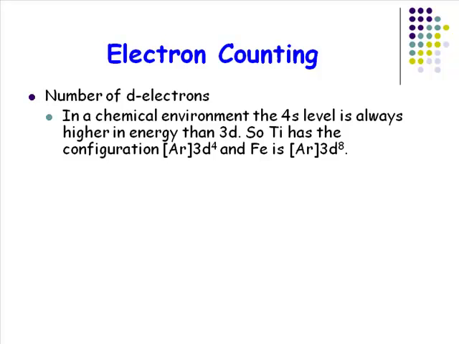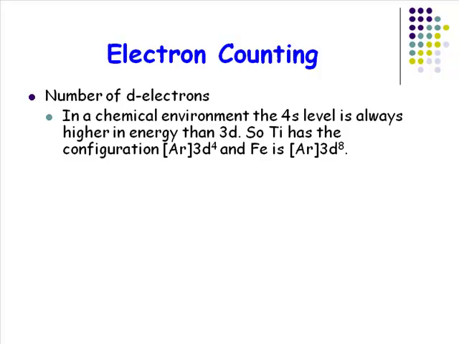So if you recall, and hopefully everybody has had this drummed into them, whenever you have a chemical environment in which you place your metal, the 3d orbitals are lower in energy than the 4s. And therefore, they are filled with electrons first, through the Aufbau principle.